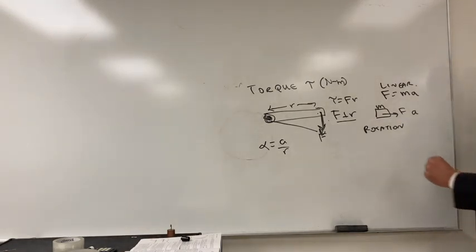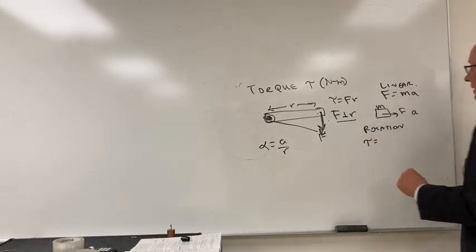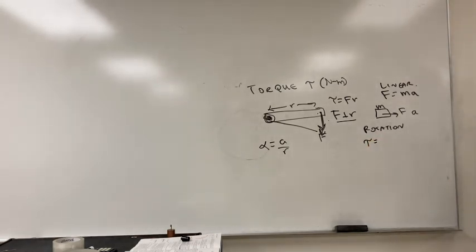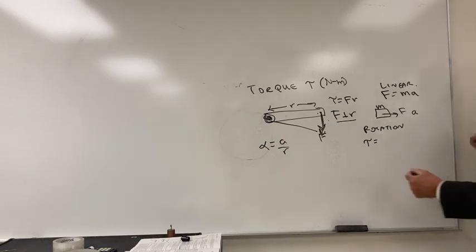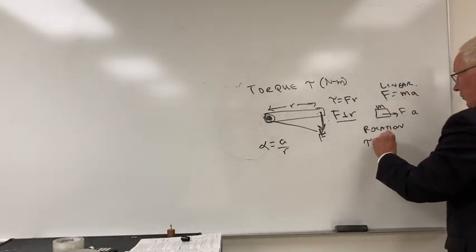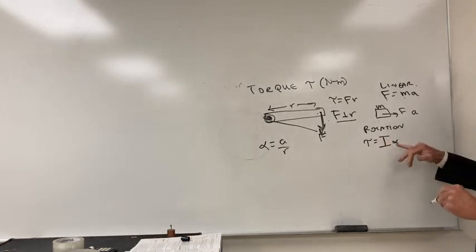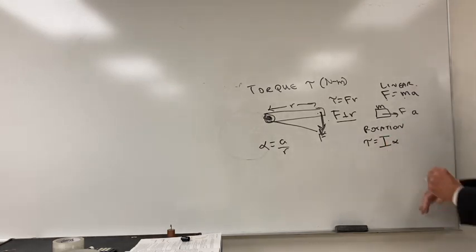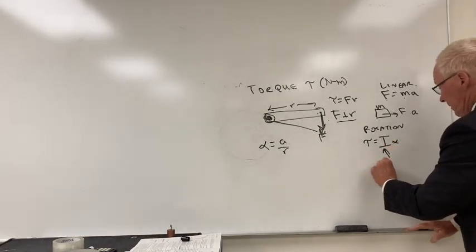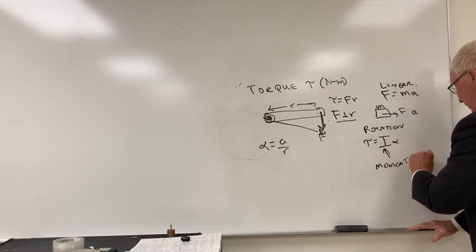And for rotation, we're going to have this torque, which will be given by, similar to F equals ma, but for rotation we introduce a new concept, I. So we have alpha, which is angular acceleration, and this I is the moment of inertia.